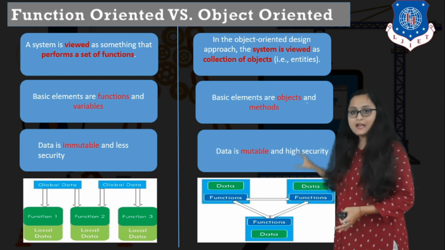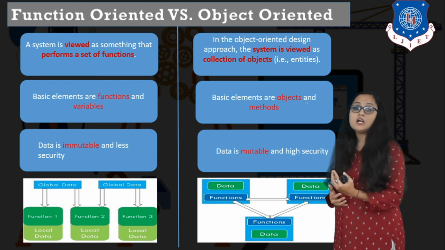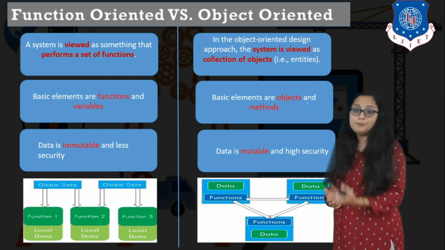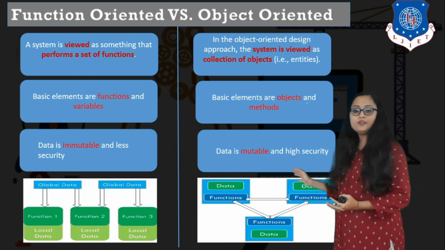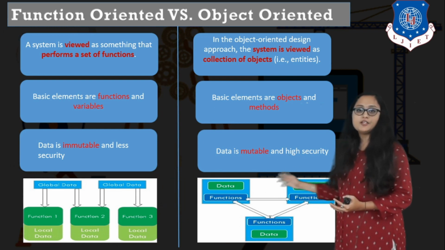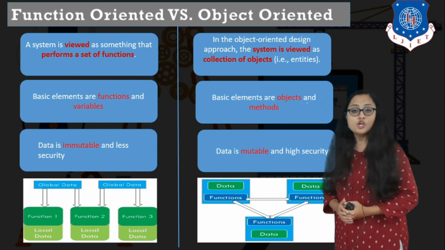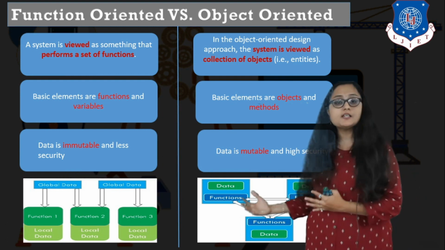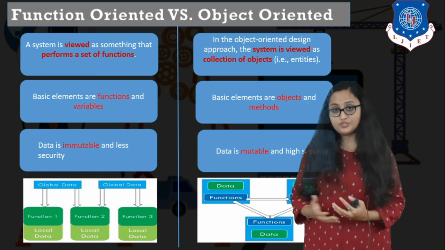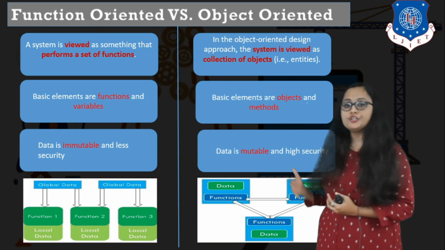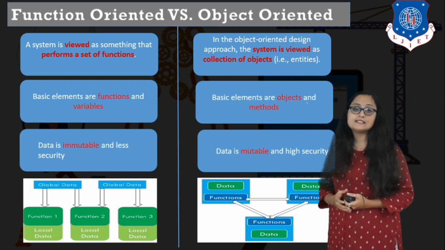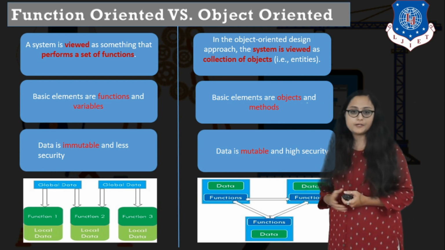So you will have an object that has attributes, properties, and methods. They will be communicating with each other by passing the data between each other, right? So this is the main difference between function oriented and object oriented methodology. You can go for any of them according to the usage and the analysis of your software.